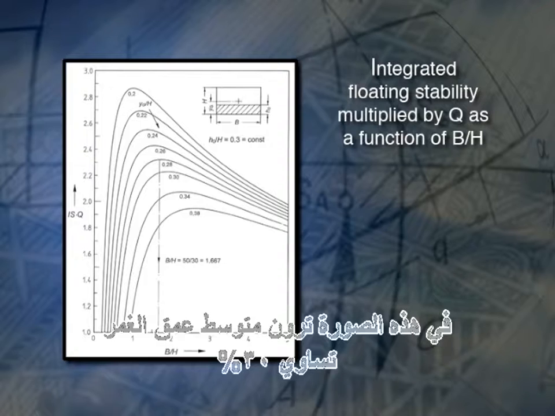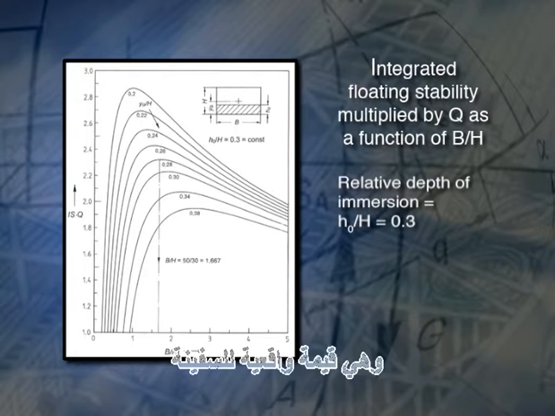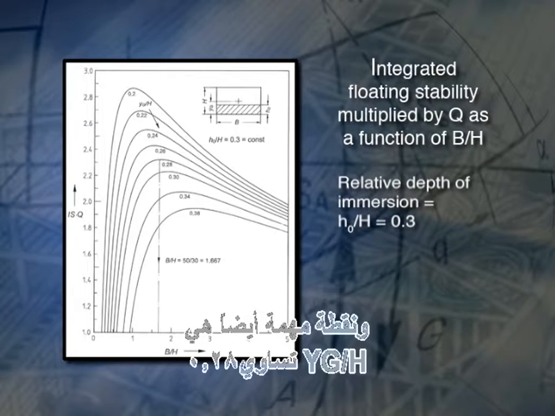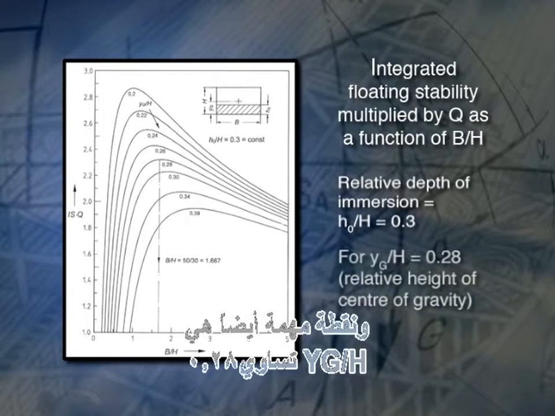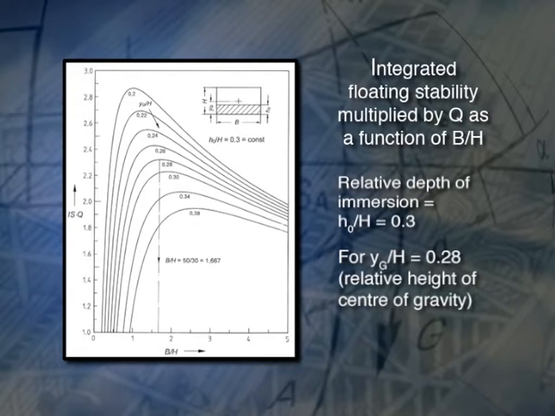Here in this picture you see the relative depth of immersion, 30%. It's a realistic value for the ark. And another important point is yg over h, 0.28, the relative height of center of gravity.